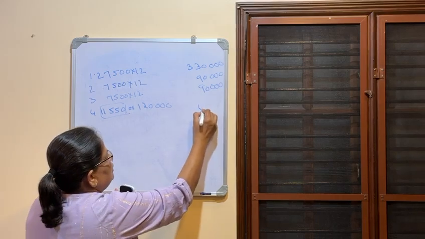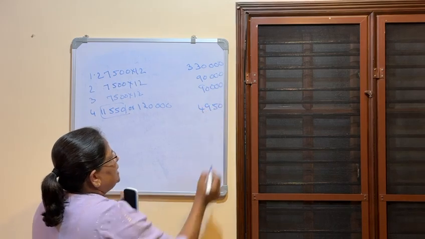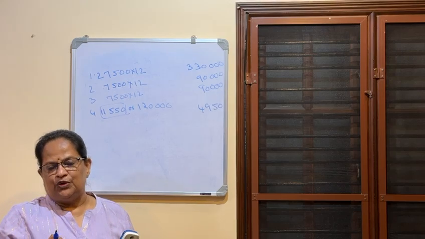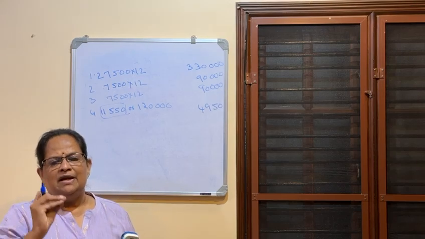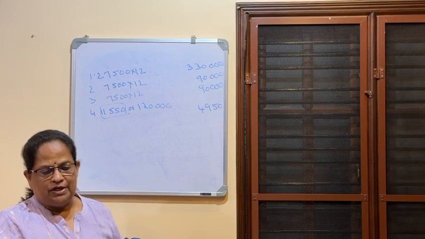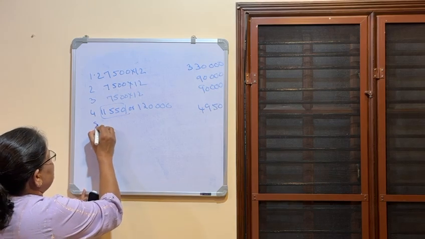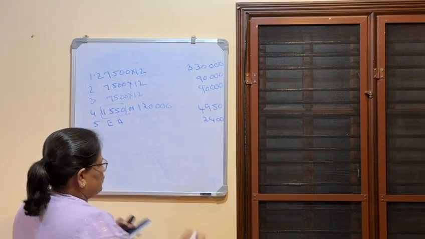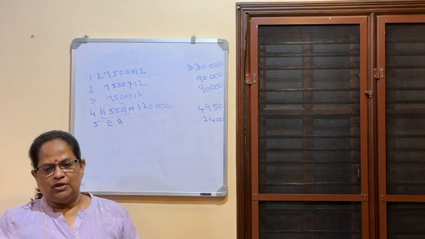So taxable value is 4,950. Now education allowance, actual received is 4,800, exempted is 100 per child for 2 children. So that is 2,400. So education allowance taxable is 4,800 minus 2,400.